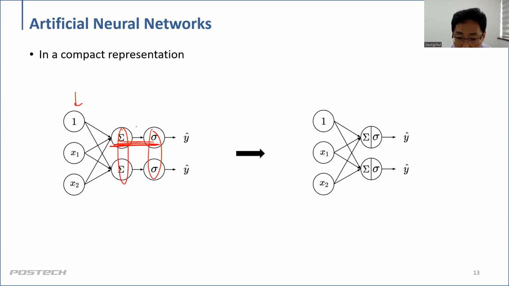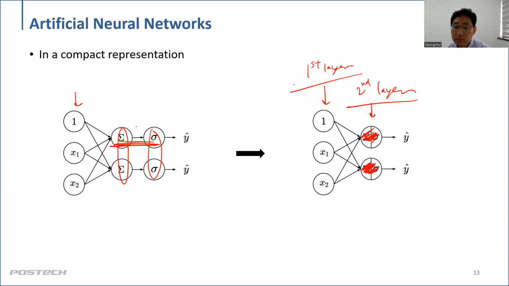Now, forget about what kind of things are inside. This one is going to be the first layer, or input layer, and the second layer.